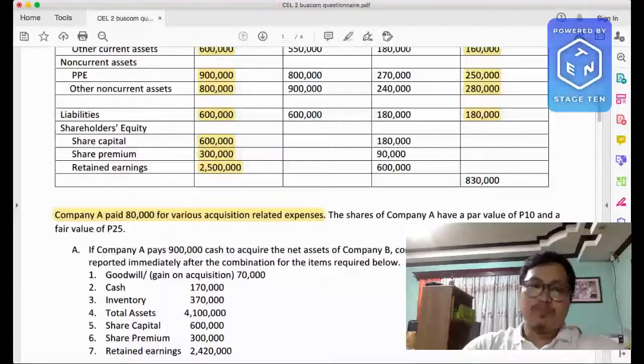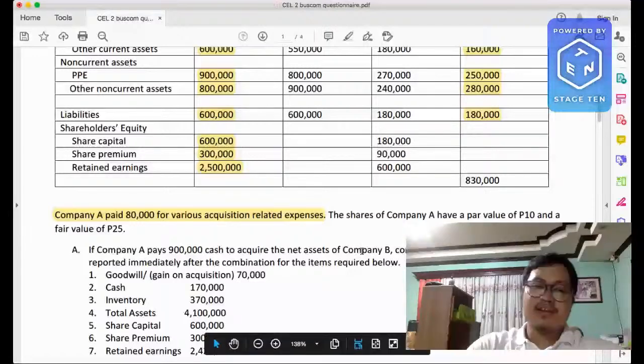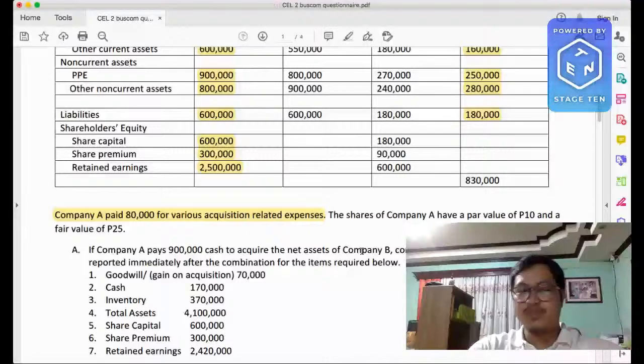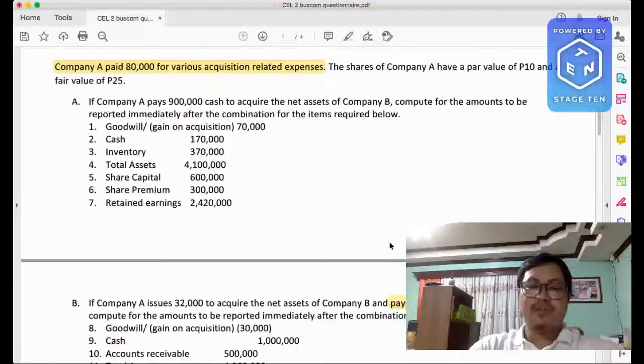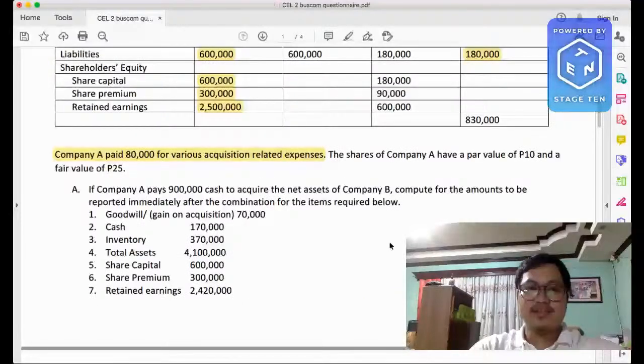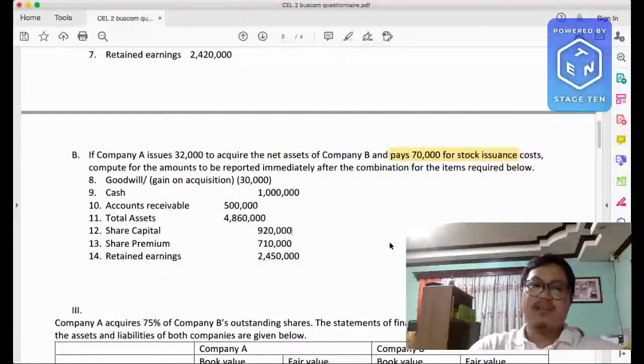So before the combination, we had share premium of 300,000. Since there is a net increase of 410, 480,000 excess over par less 70 stock issuance cost, our share premium immediately after the combination would now be 710. 300 plus 480 minus 70. That would give us 710,000.